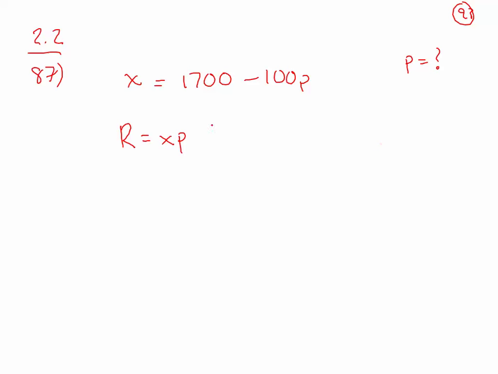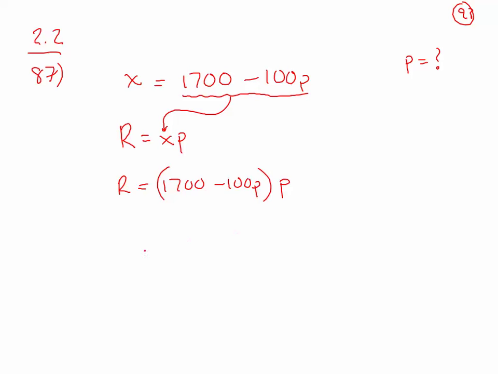So because of that, I want to get rid of x over here. I want everything in terms of price, or revenue in terms of price. So what we're going to do is just plug this guy right into here. So now revenue becomes 1700 minus 100p, times p.